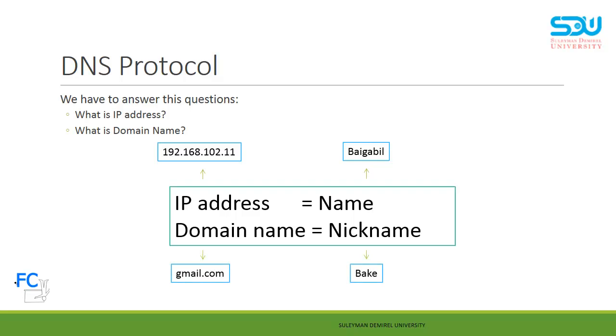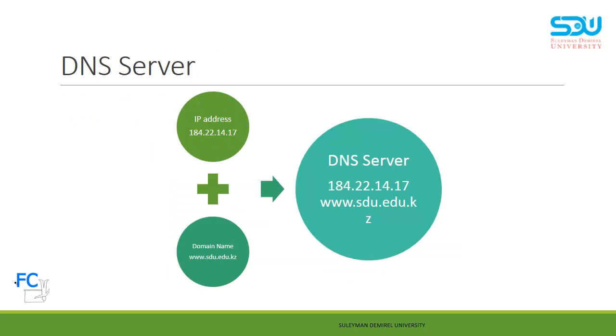As Bayrabel's nickname is Bake, Bake is much easier to remember than Bayrabel, and gmail.com is much easier to remember in comparison with the IP address 192.168.102.11. So the DNS server is actually doing this mapping. It has the domain name and the IP address in its table.